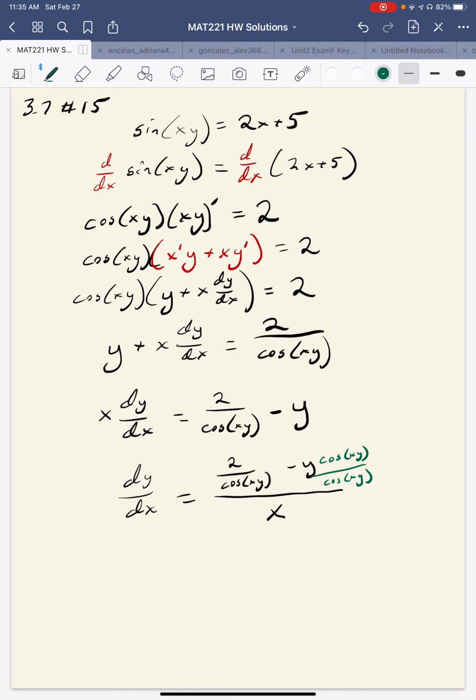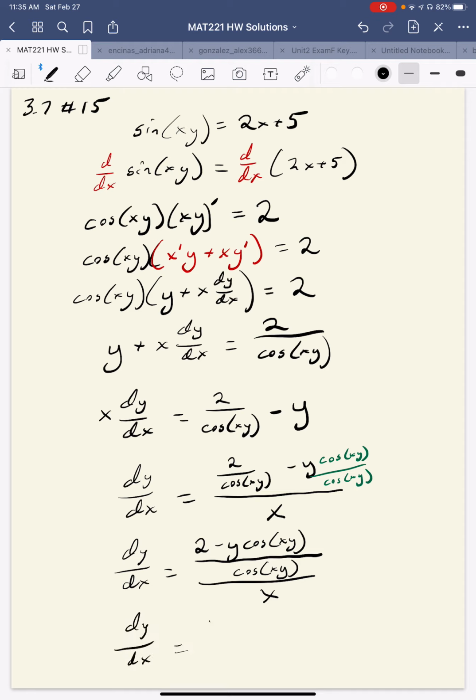So then I would end up with dy/dx is equal to 2 minus y cosine xy all over cosine xy all over x, which can be simplified to 2 minus y cosine xy divided by x cosine xy.